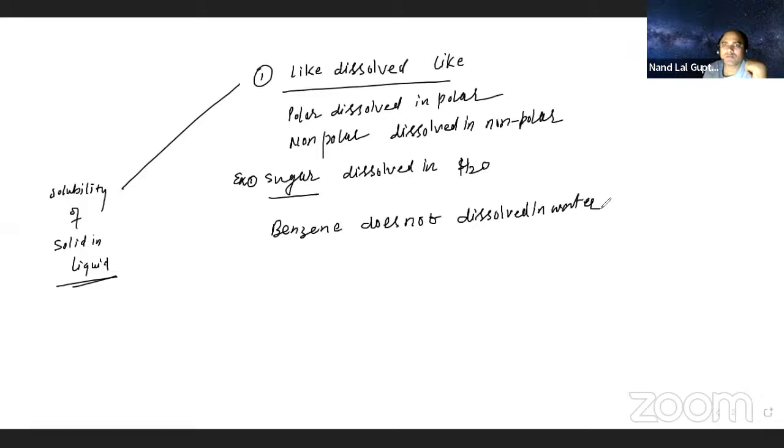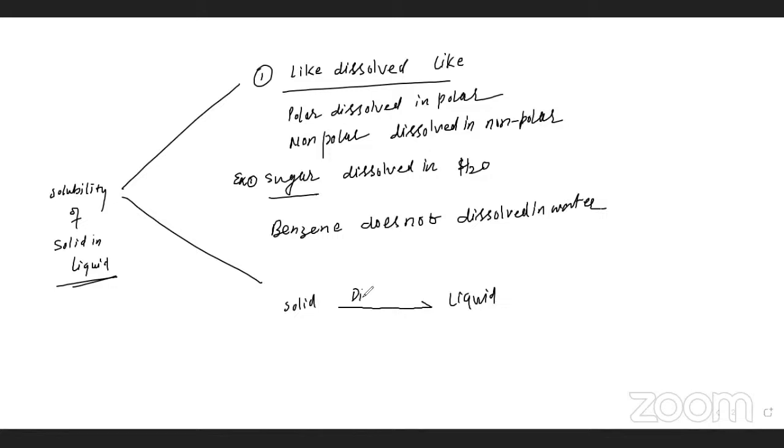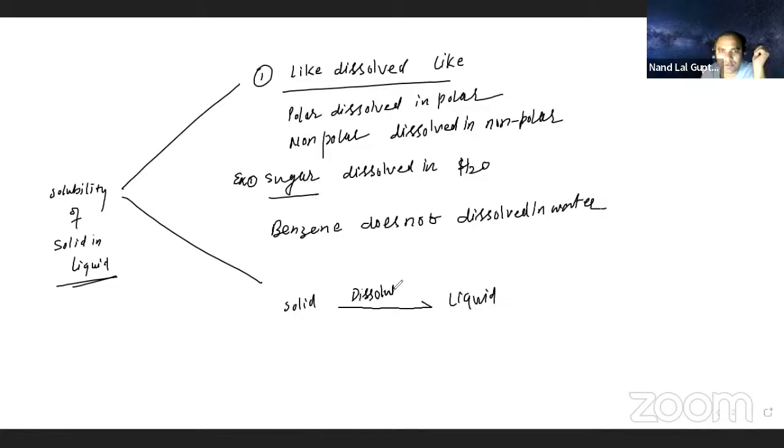Okay. Now, the second one. There are two processes taking place simultaneously. Suppose you are taking a solid and another you are taking a liquid. This is 9th standard actually. If the solid is dissolving in liquid, what is the process named as? Dissolution. This is dissolution.